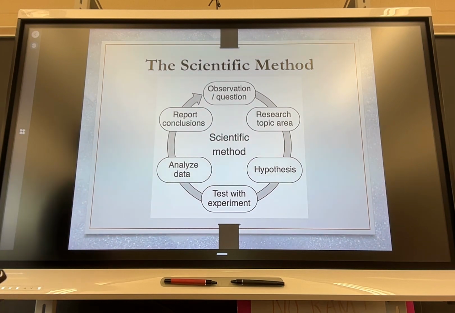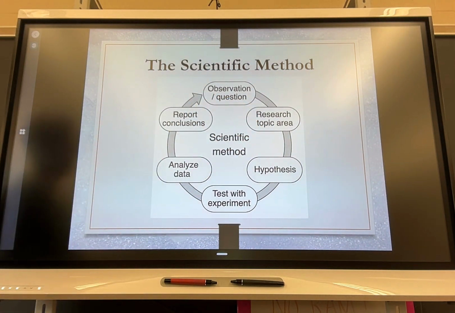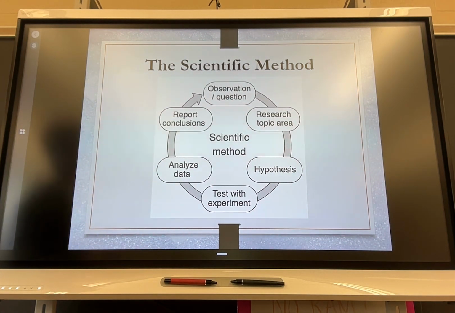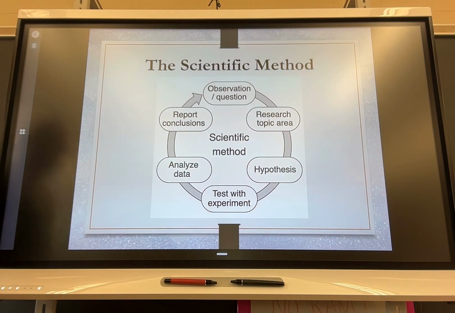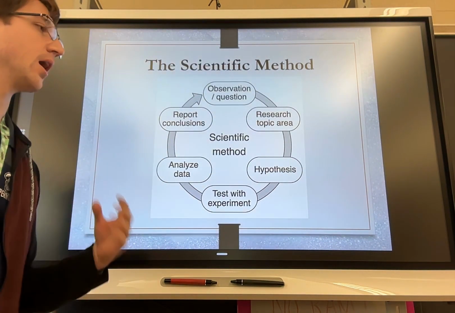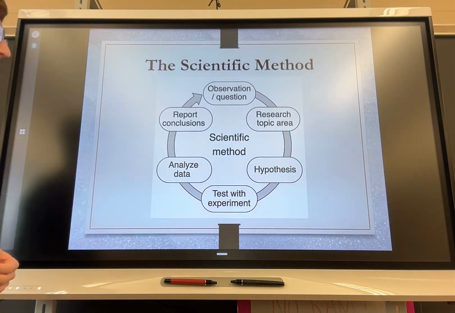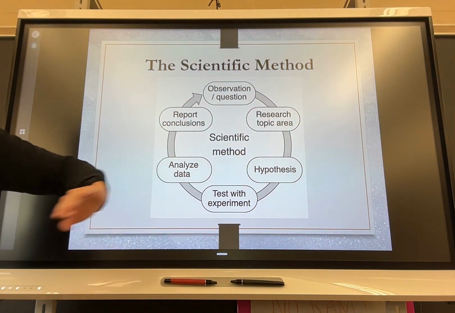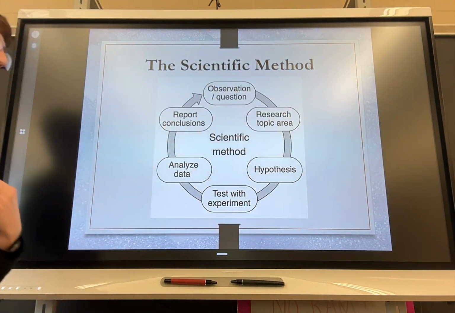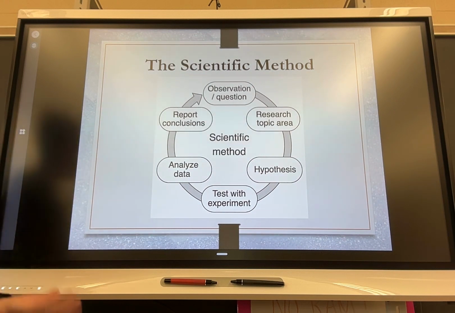And from there you can research the topic. So some people may have done research on your question already, so they may already have the answers that you're looking for. If not, though, you can form a hypothesis and start the experimental process. So hypothesis, we'll talk about what that is here shortly. And once you develop your hypothesis, you can then begin to design your experiment and to get results.